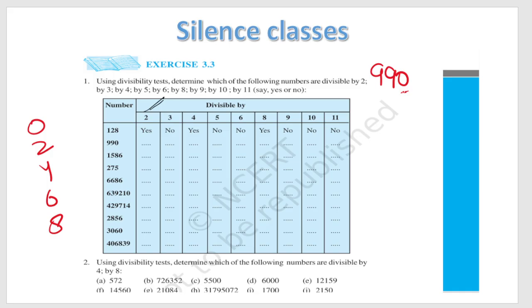And 0 is there, so yes, it is divisible by 2. The number is 1586, the last number is 6, yes, it is divisible because 6 is divisible by 2. 275, no, it is not divisible by 2. 5 is not divisible by 2. It is not an even number, so no, it is not divisible by 2.